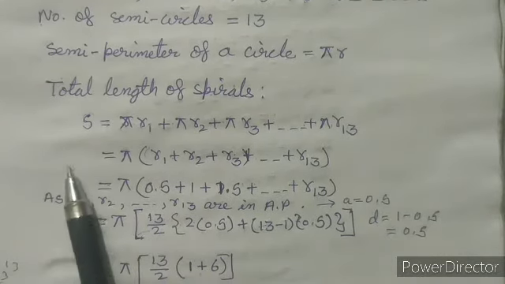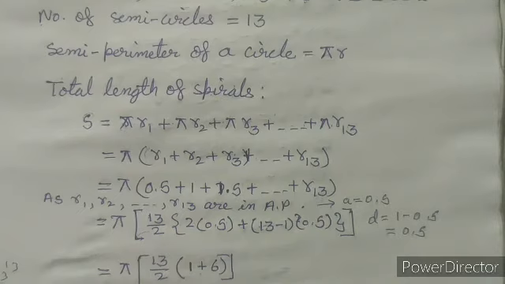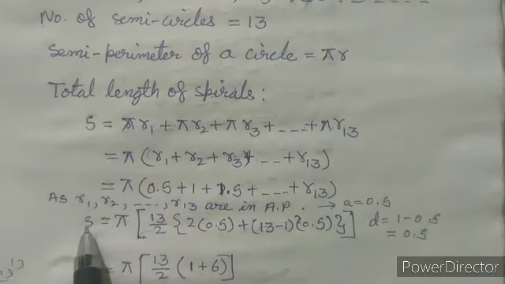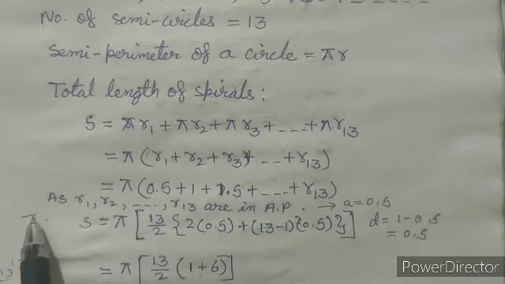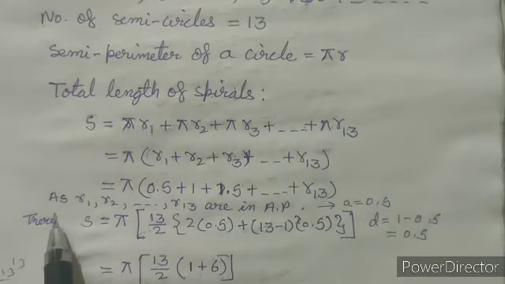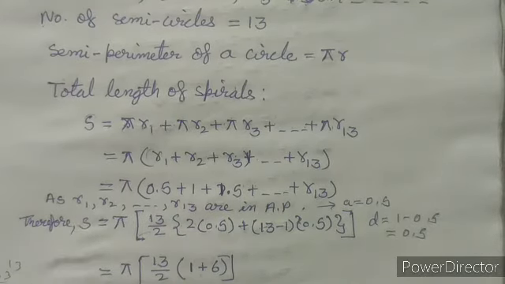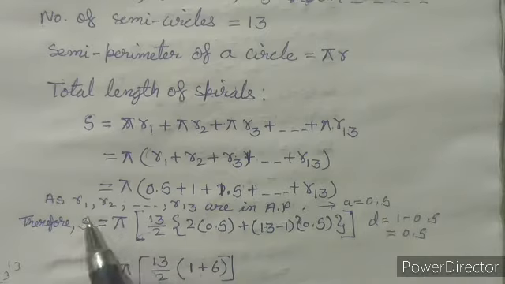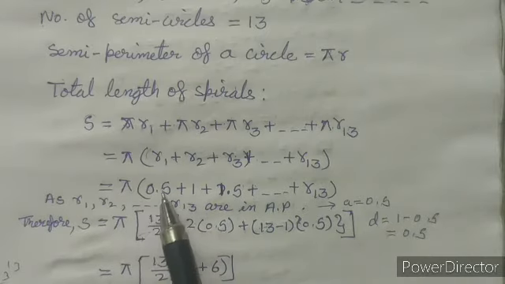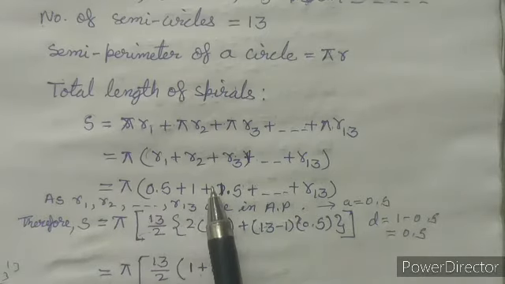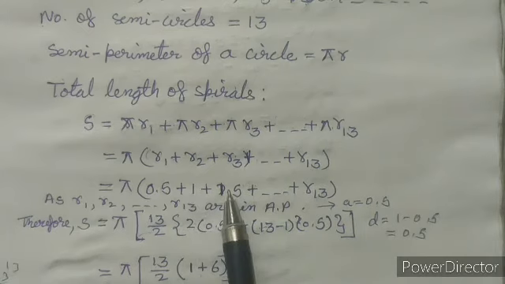Therefore S will be equal to pi, which was common, into the sum of the radii that are in AP.